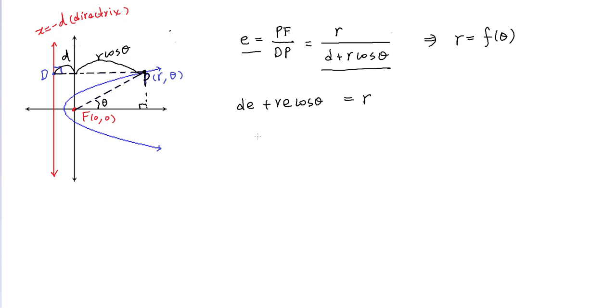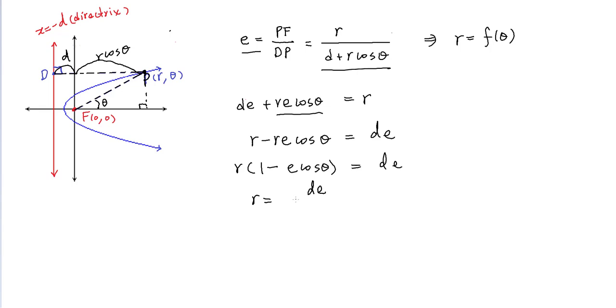My goal is to solve for r, so I subtract r e cosine theta from both sides, and what I have is r minus r e cosine theta equals de. Now r is a common factor. If I factor it out, r times 1 minus e cosine theta equals de. Then I divide both sides by 1 minus e cosine theta, and I get the equation r equals de over 1 minus e cosine theta.